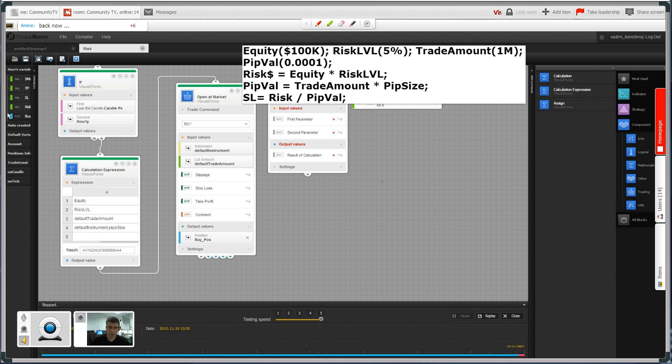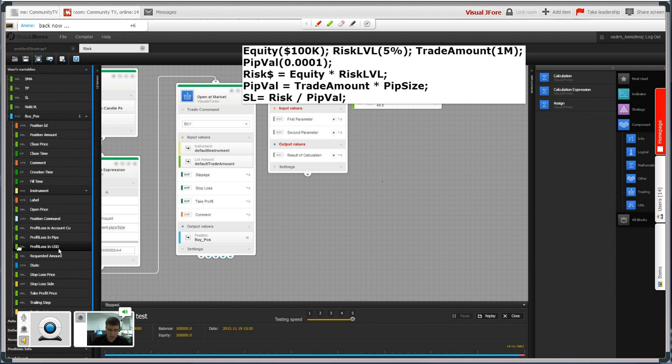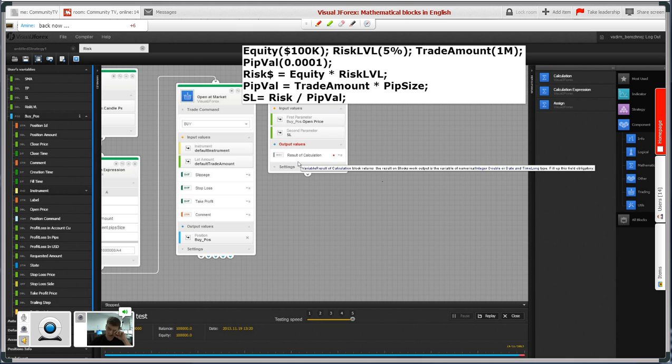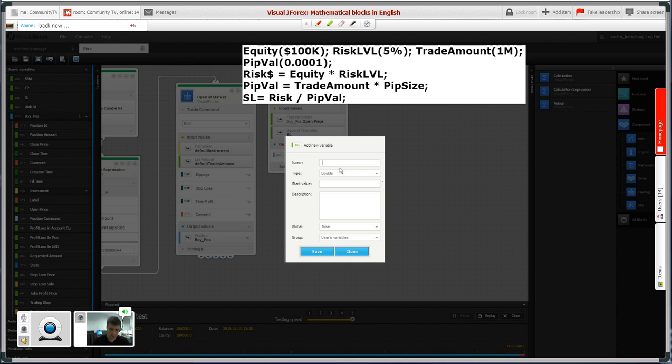In buy position variable, we get setting price, open price, as here goes. From here, we subtract our stop loss. And in result, we get stop loss price.